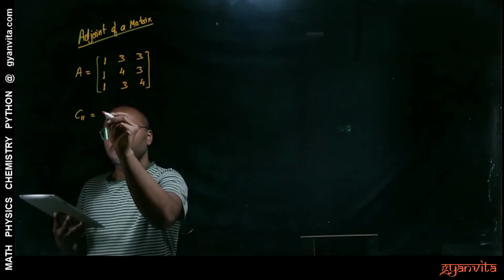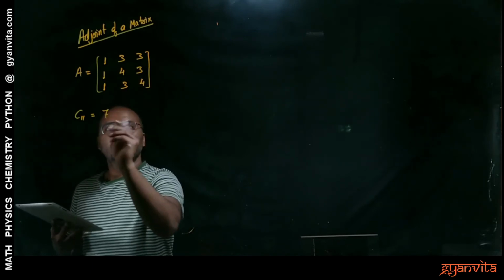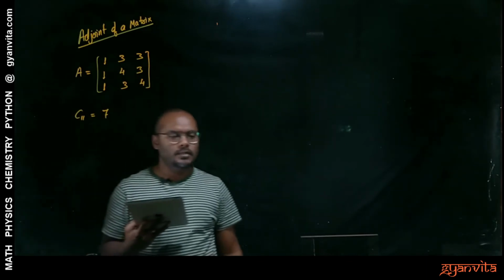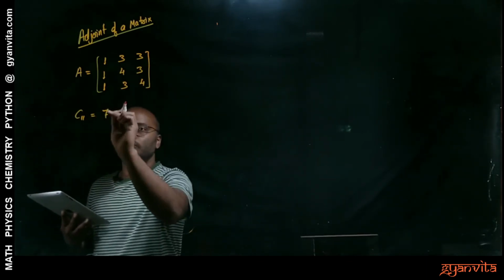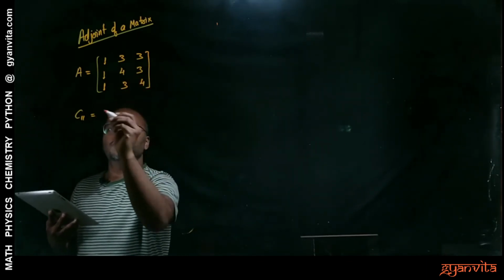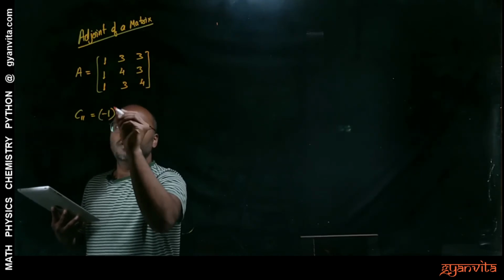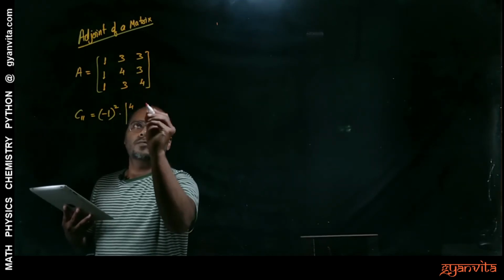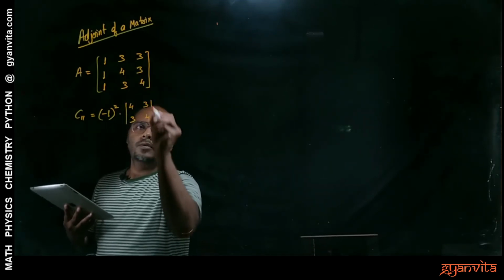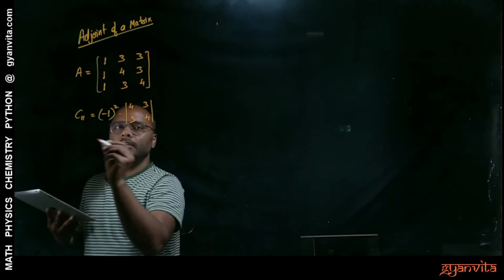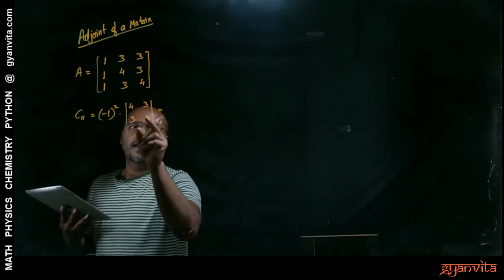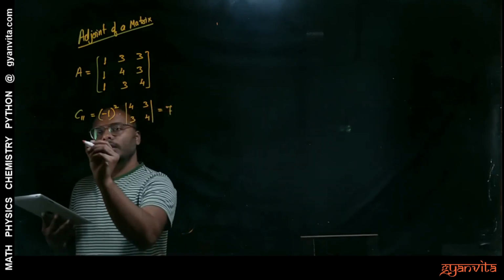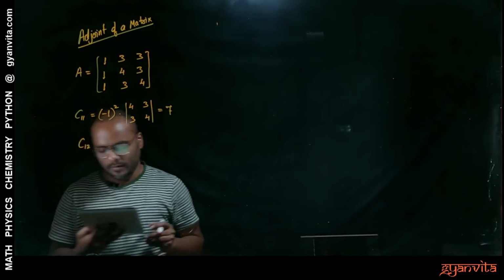So 16 minus 9 is 7, and this 7 has to be multiplied by minus 1 to the power 1 plus 1, which is 2, into this 4 3 3 4 determinant. So this is minus 1 square is 1, and 4 into 4, 16, minus 9 is 7, so this is 7. So like that you have to find all the cofactors, right?